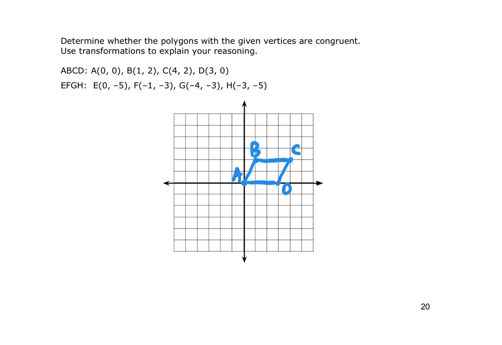E, F, G, H is at 0, negative 5. Negative 1, negative 3. Negative 4, negative 3. Negative 3, negative 5.